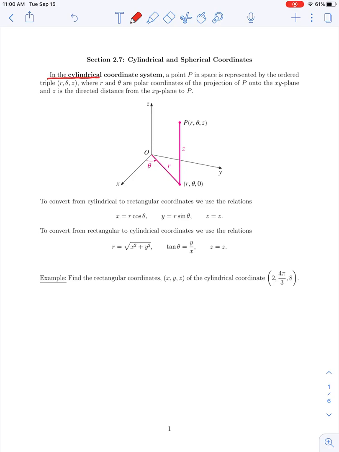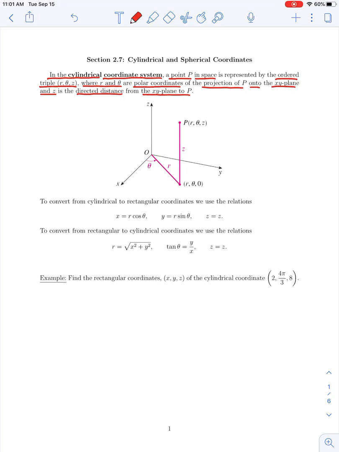In the cylindrical coordinate system, a point P in 3 dimensions, so in space, can be represented by an ordered triple r, theta, z, where r and theta are the polar coordinates of the projection of our point P onto the xy plane, and z is the directed distance from the xy plane to the point P.